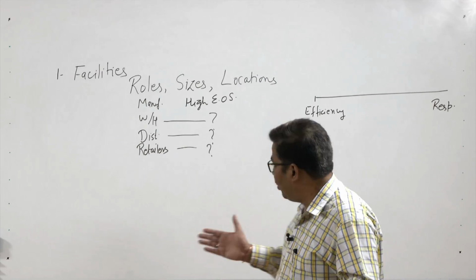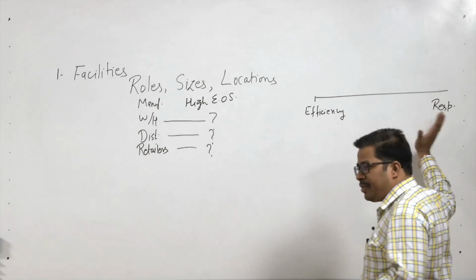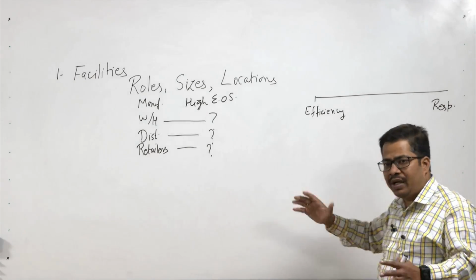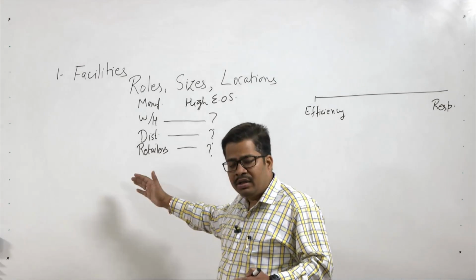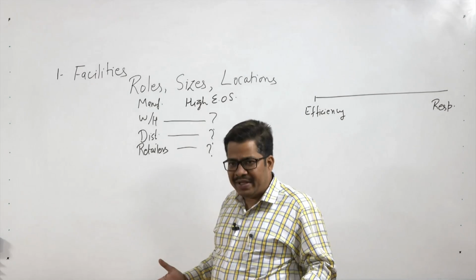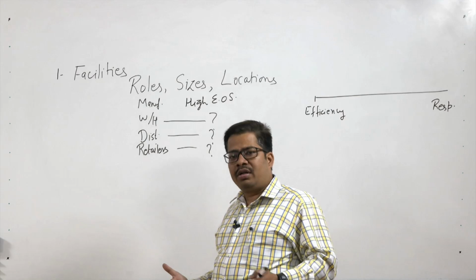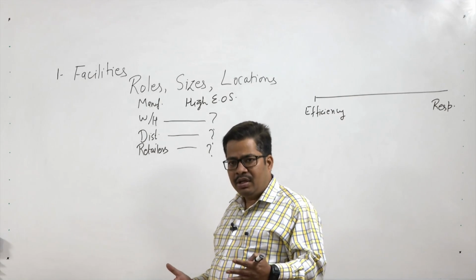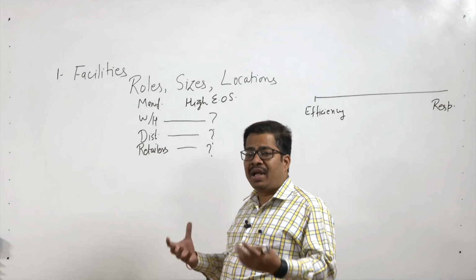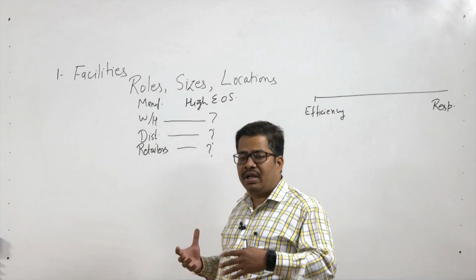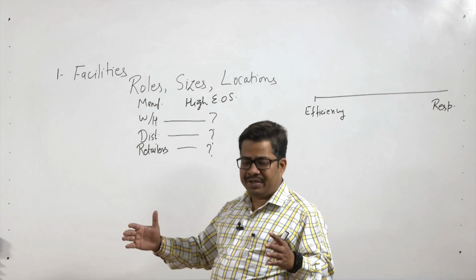So, depending upon your efficiency and responsiveness, if I want to locate a retailer, let us say in Connaught Place or South Extension in New Delhi, probably my supply chain is not an efficient supply chain.